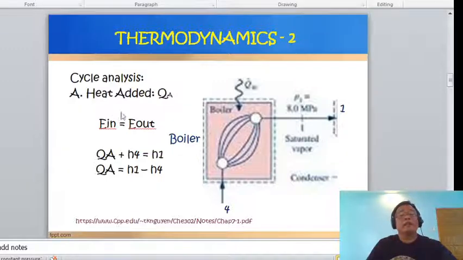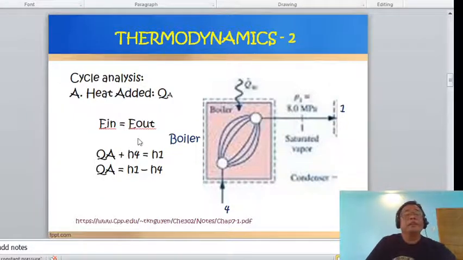Okay? So the analysis, class, here is energy entering is equal to energy leaving, or energy in is equal to energy out. Okay, so take note, class, of the arrow of where the cycle flows.